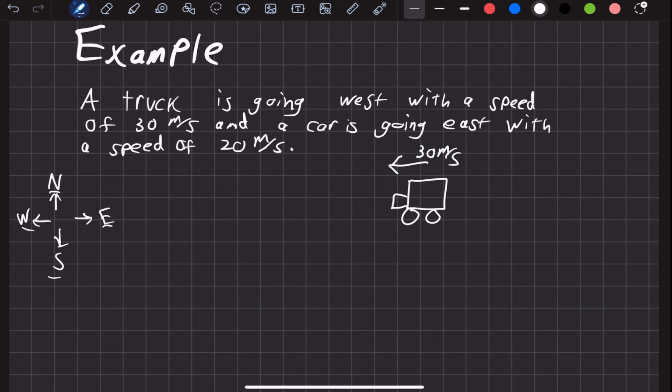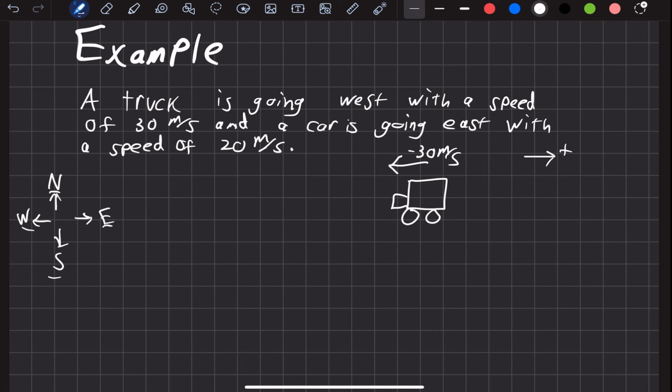Now we need to stop and think, what's going to be positive and negative for this case? We could make to the west positive, but it kind of flies against convention. Normal convention is to make to the right positive, so let's just go ahead and do that. That would mean that this truck has a negative velocity, actually. So truck is going negative 30 meters a second to the left, also west.